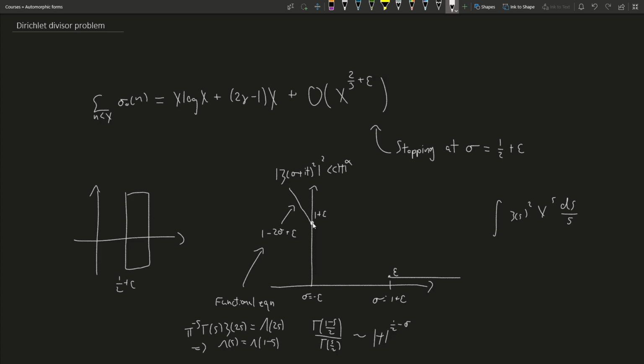And now there is this convexity bound, which is just drawing a straight line here. And this is what we used last time when we talked about this. And there's also the Lindelof hypothesis, right, which is continuing this line here all the way down to 0.